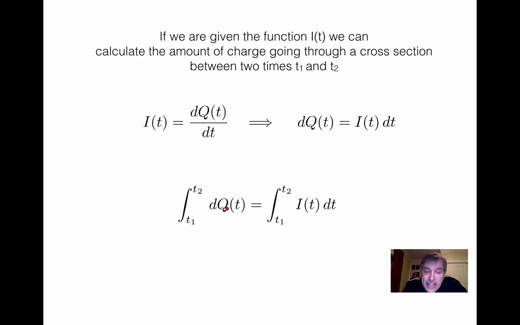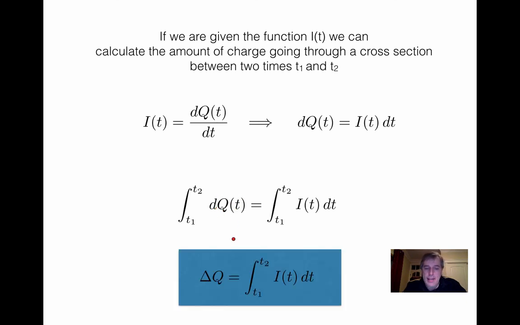But the integral of d anything is just that function, which we call delta q. I could have called that q, but delta q is just to keep in mind what it means. This is the amount of charge that went through a cross section between t1 and t2.